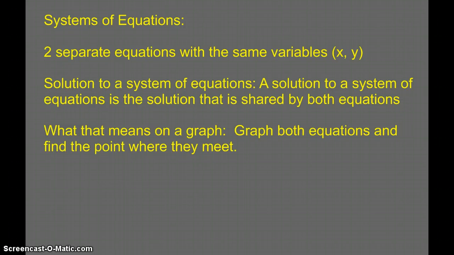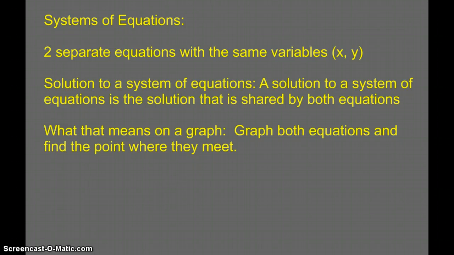So there's going to be one point, or one xy value, that works for both equations, and we'll show you more of what that means in a moment. Now, what that means on a graph, because remember, our graph is a picture representation of all the solutions to our equation, is that you could graph both equations and find the point where they meet, because each graph represents all the solutions to that equation.